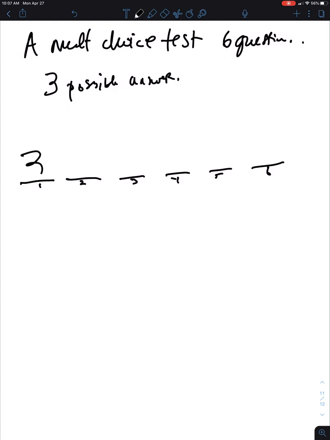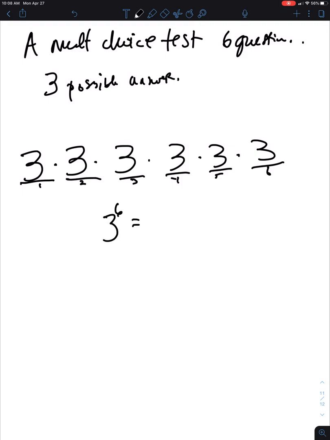Well, you have 3 to choose from here. 3, 3, 3. And so here you are doing 3 times 3 times 3, 3 to the 6th power, which would be 729. So that's another counting one that you have to think about. So I just wanted to give you a problem from your homework.